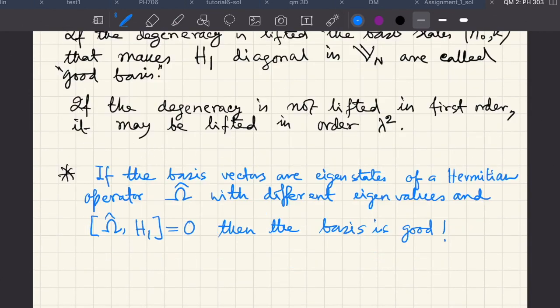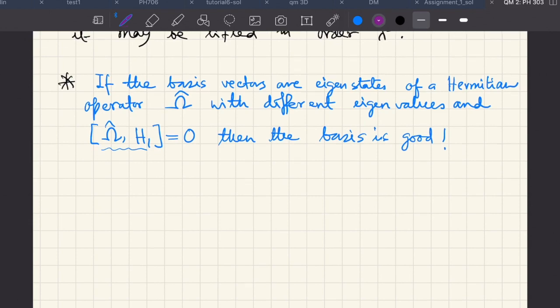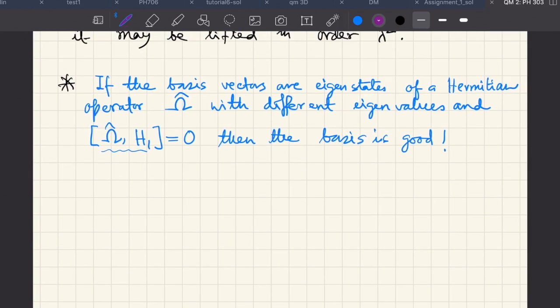You have to choose an operator omega which commutes with your perturbing Hamiltonian H1 and which has all different eigenvalues. Then you can say that whatever basis you have chosen for omega should work for H1 and it is a good basis. So how to prove that? We will prove this and then stop.